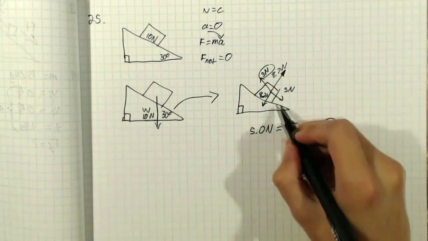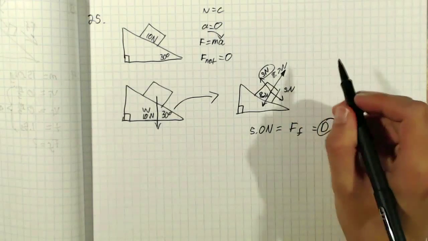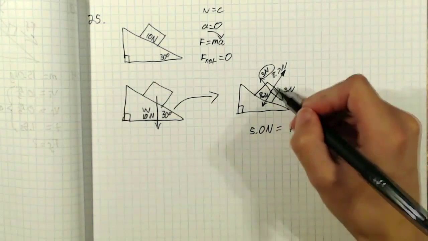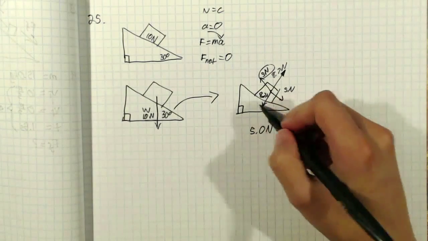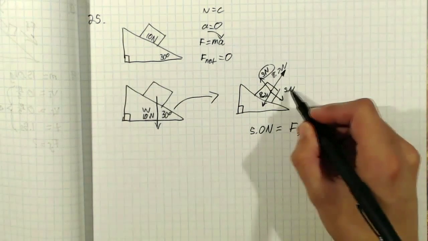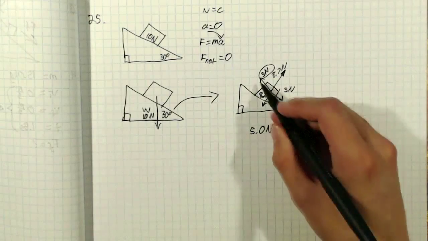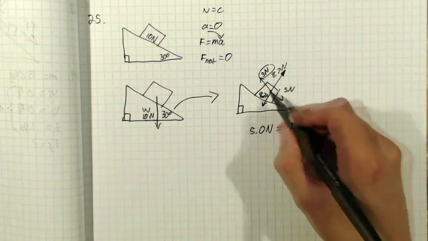So you split up this weight into your parallel and perpendicular components, and then you balance the perpendicular component with the normal force, which is also perpendicular to the plane, which is kind of bowed because I can't draw, and you balance the downward component of the weight with the upward force of friction, and you get 5 newtons because they balance.